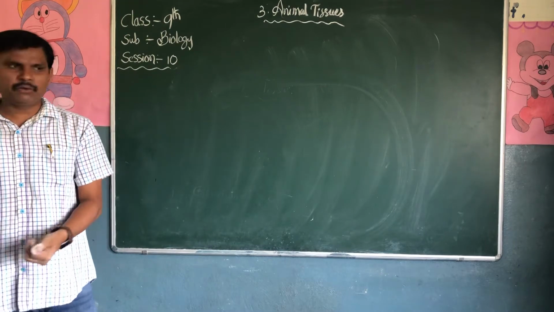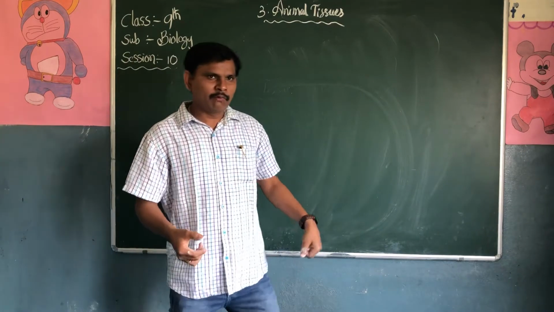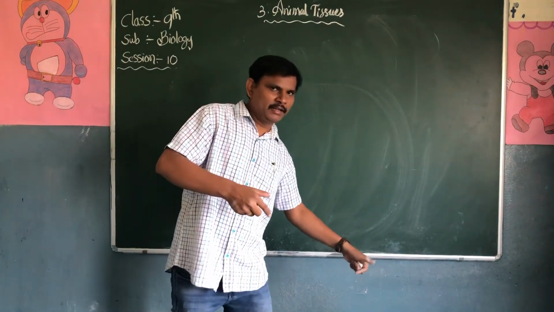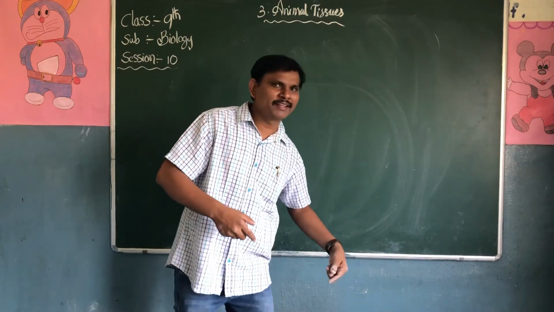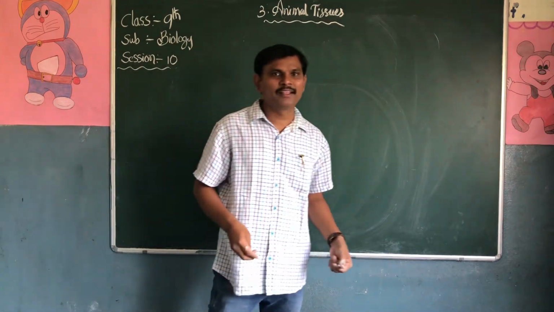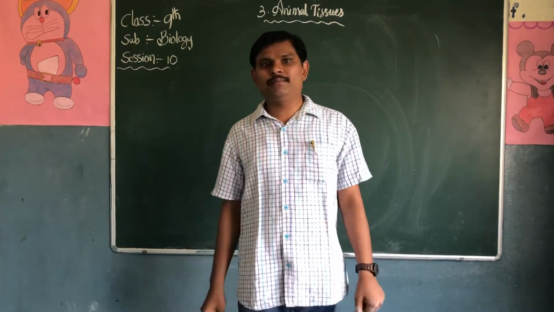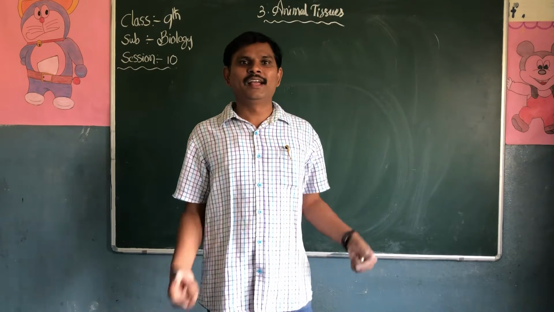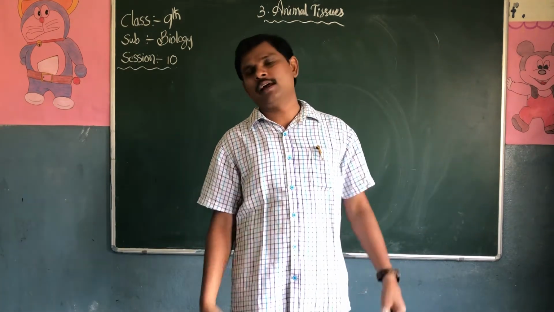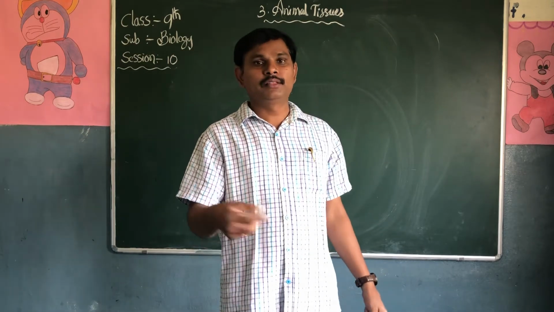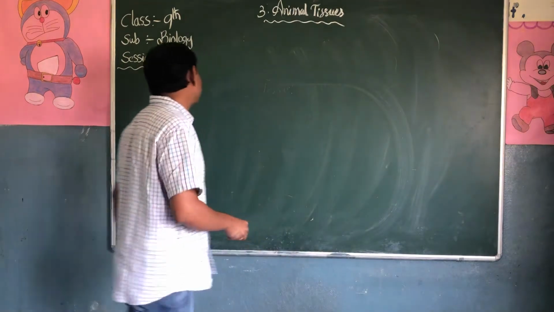What is connective tissue? See the body. While I am moving, or when the body is still, this hand is not going away. It's not separating from the body. While you are walking or running, these legs are not separating from the body. What could be the reason? There is a connection between one organ and another. This connection is made by the connective tissue.